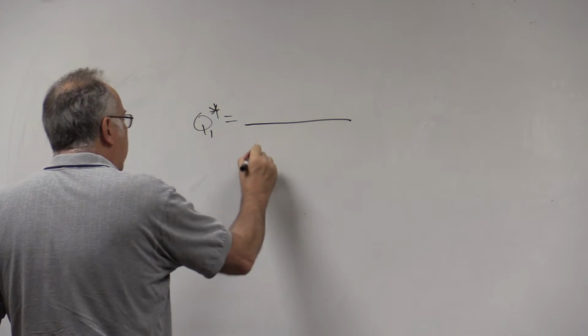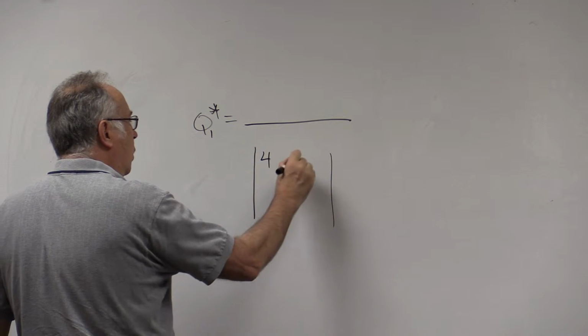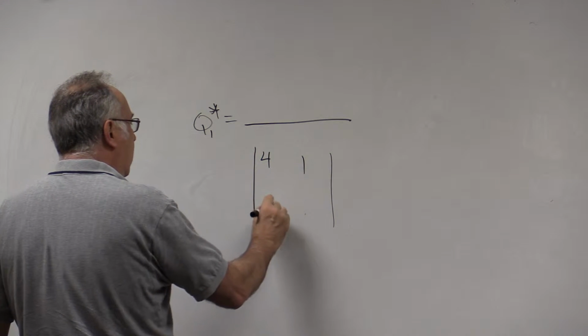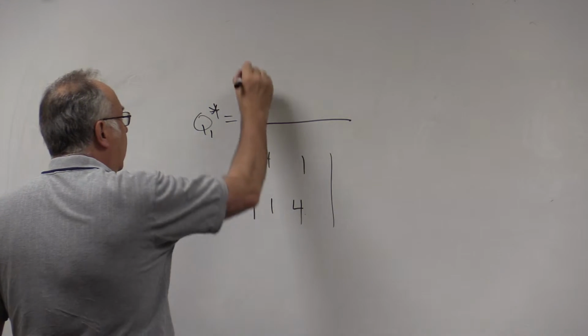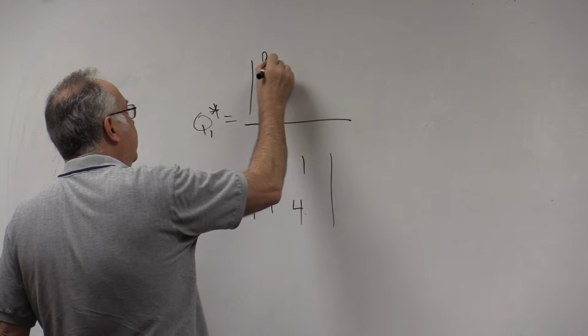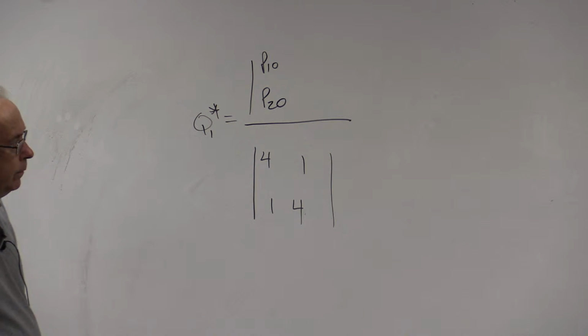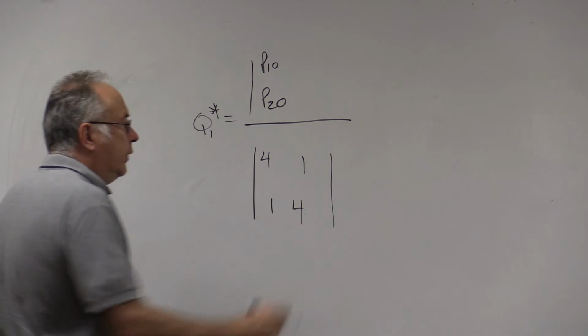Take the determinant of the coefficient matrix in the denominator. That would be 4, 1, 1, 4. And in the numerator, we substitute P10, P20 for the first column. And then it's a 1, 4.